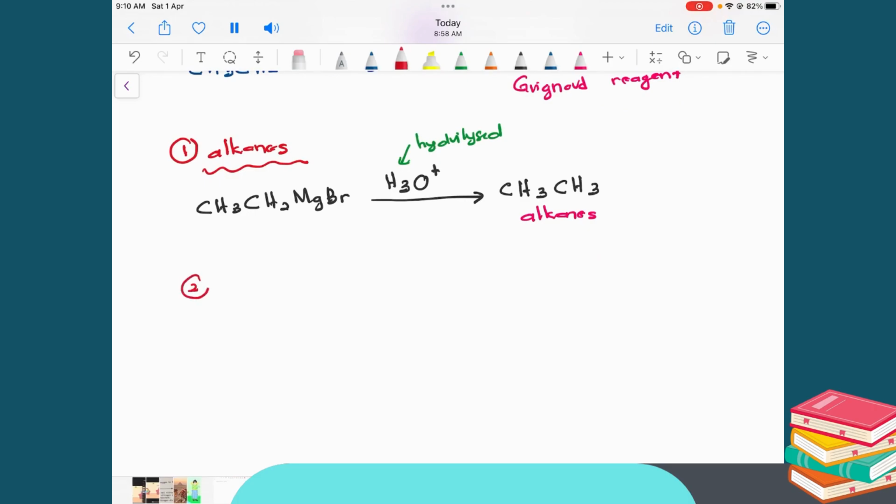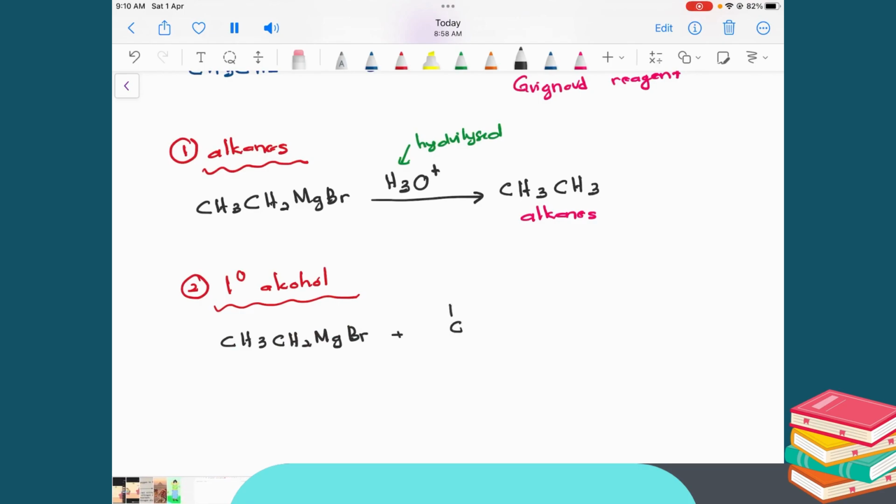Now I will show you how we can prepare a primary alcohol from a Grignard reagent. We are still using the same Grignard. C double bond O is a carbonyl.